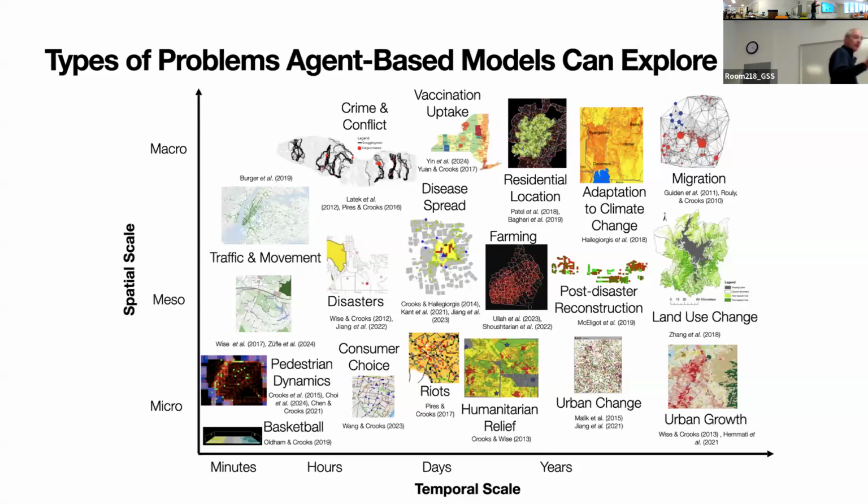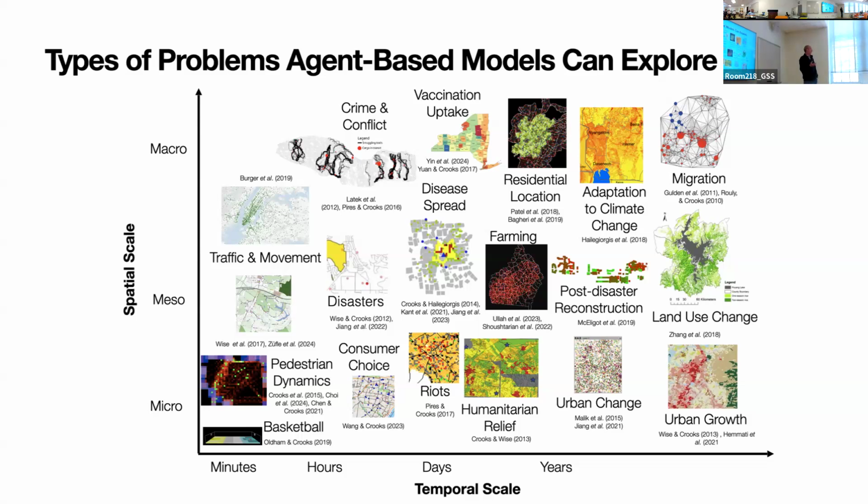And we build models for a whole wide variety of applications, right? We can explore the micro movement of pedestrians, or even random things like basketball. There are a lot of areas of sports analytics now when it comes to capturing people's movement. How can you use that to understand what's happening? To long-term things like long-term migration. Like in East Africa, there's a civil war or conflict going on.